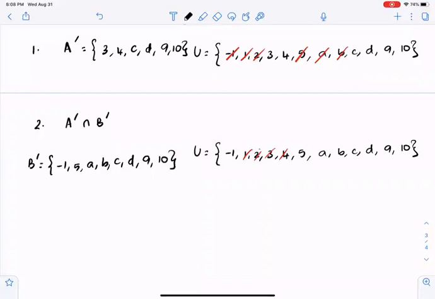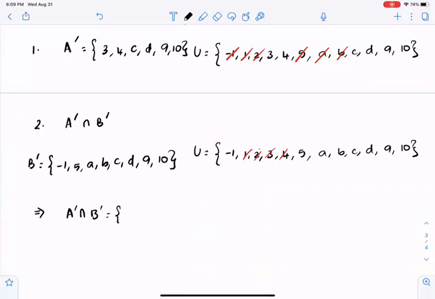We're not done yet. All I did is find B complement. We want to find whatever is common between A complement and B complement. Well, I don't see 3 in common between the two. I don't see -1 in common.